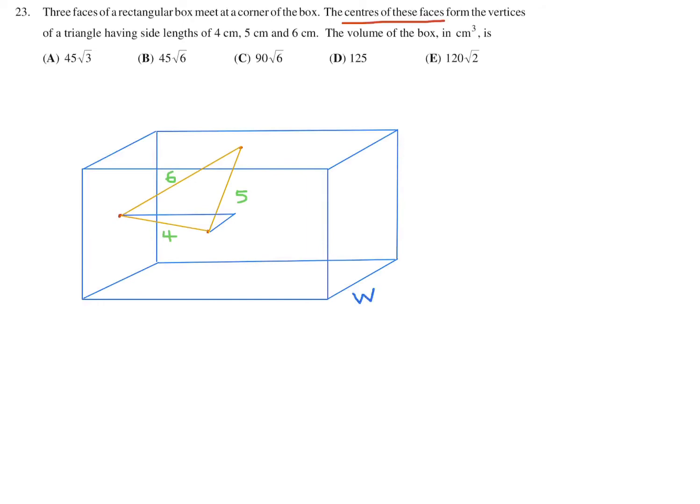This is going to be the width, this will be the length, and this will be the height. Now, this orange part right here is 4, so we'll leave that alone. But I want you to figure out what is this part here in terms of width. Take a moment and you will realize that is basically W over 2.